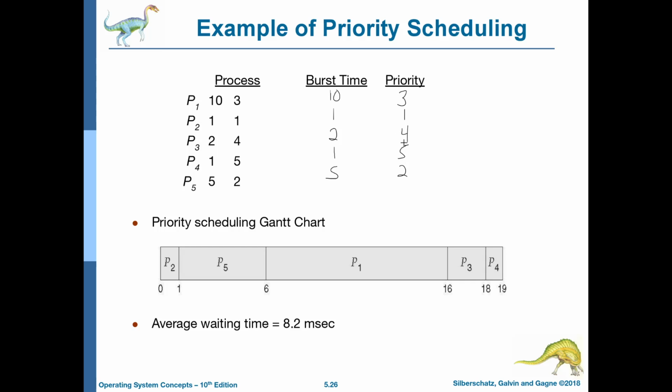The priority scheduler will choose a particular job to run first depending on its priority. So process 2 will get to run to completion, followed by process 5. Process 5 will run to its completion, even though its burst time is longer than other burst times.